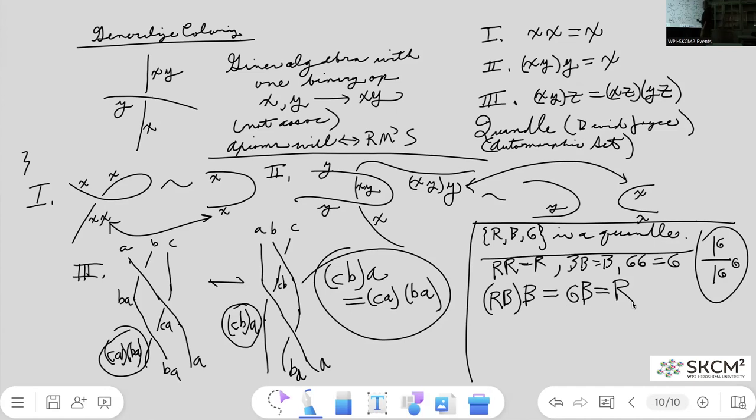And what about distributivity? Let's try it. Take red times blue times green, and we get red, green. We get red times blue is green, and green times green is green. All right. And on the other hand, what if we take red times green times blue times green?